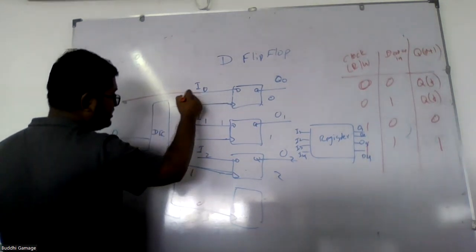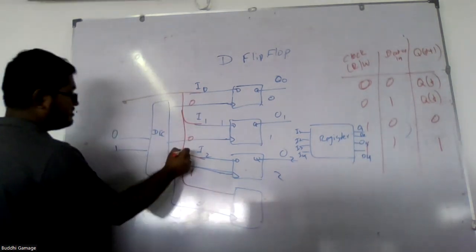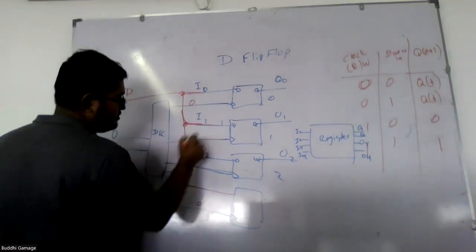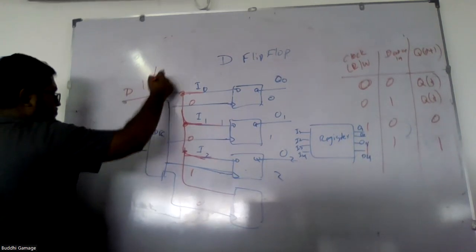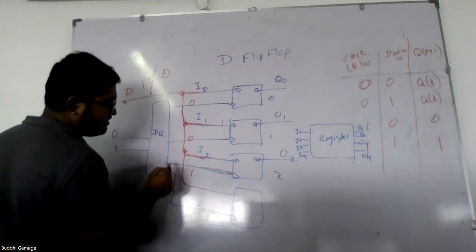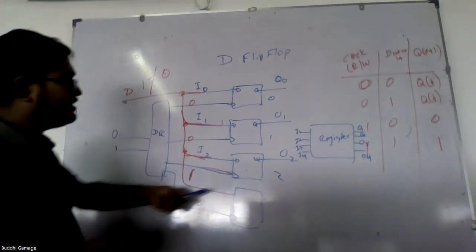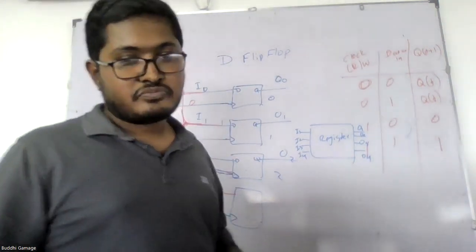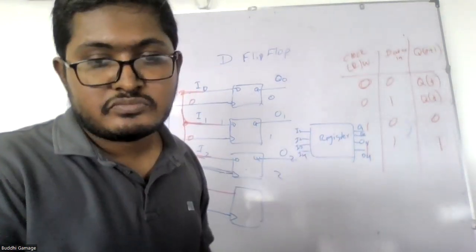So we pass the data. Consider we are passing data, maybe 1 or 0, but it is only going to write to this particular address because only here the clock signal is in the writing state. Every other one is in the reading state. In this way, you can write to a memory.